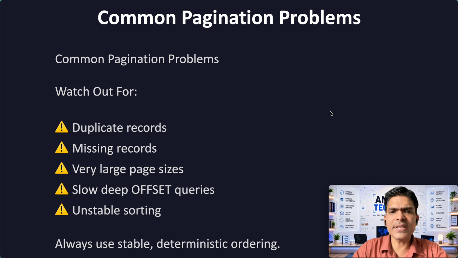Very large offsets can also become expensive depending on the database. And one of the most important things is stable ordering. We need a deterministic way to decide which records come before another record. Otherwise, records can move between pages and create inconsistent results.